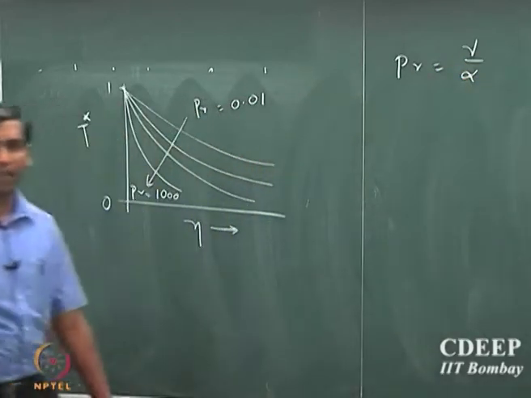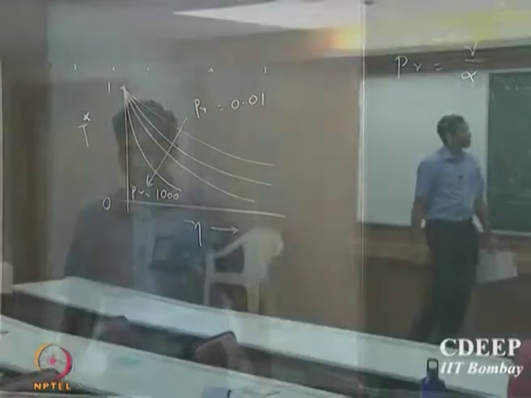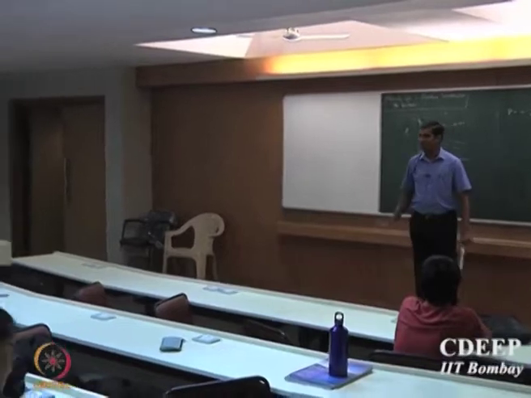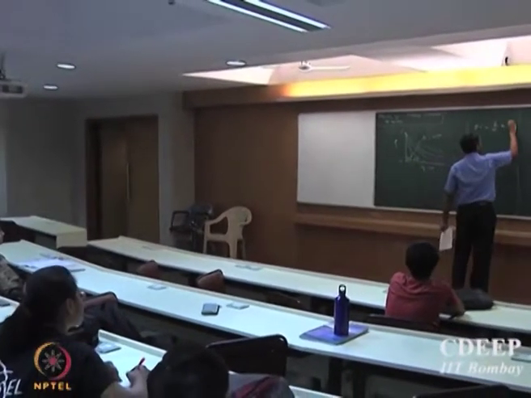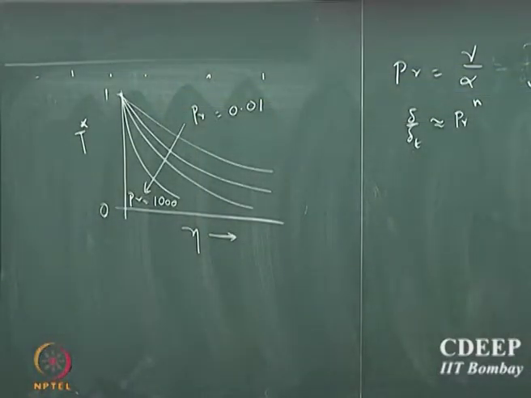Okay. So what happens when we increase Prandtl number? The momentum boundary layer is more important. This is a ratio of delta over delta t. Rather, delta over delta t approximately scales as Prandtl number to the power of n, right?